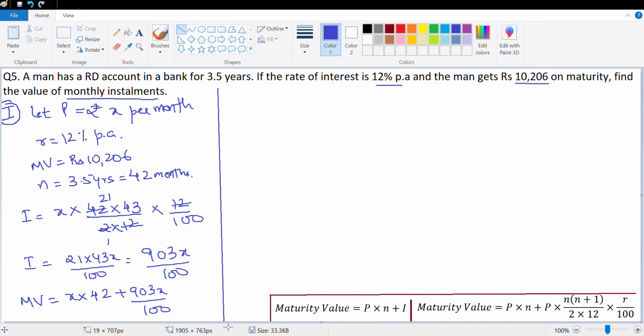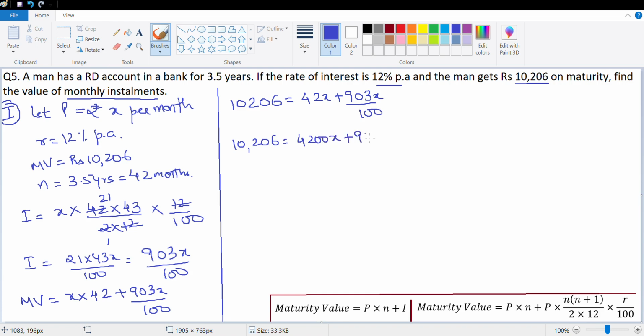So let's substitute, we'll get an equation in x. So 10,206 is equal to 42x plus 903x upon 100. 10,206 is equal to (4200x plus 903x) upon 100. I've taken the LCM and added.